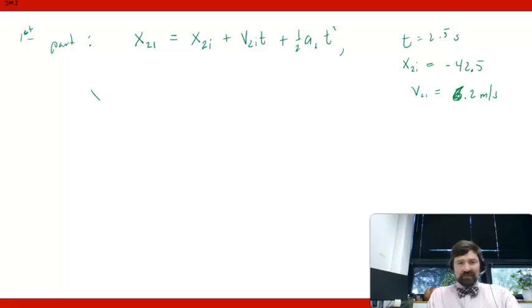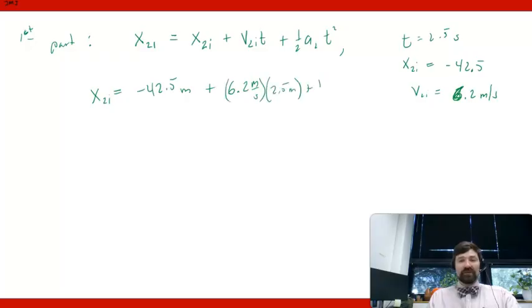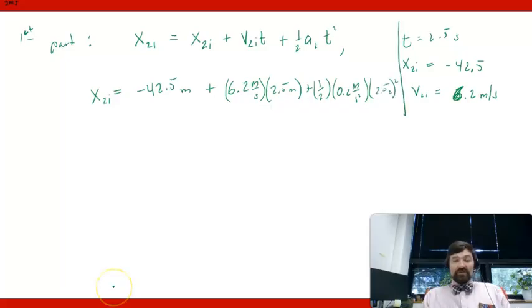Okay, so in some sense that means that the position x2 first part is negative 42.5 meters plus 6.2 meters per second times 2.5 seconds plus 1/2 of 0.2 meters per second squared times 2.5 seconds squared. So that goes into the calculator. Minus 42.5.